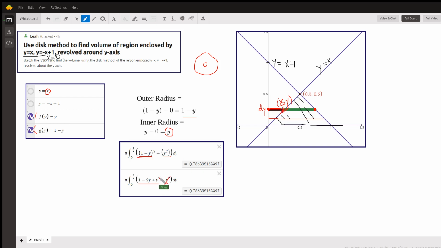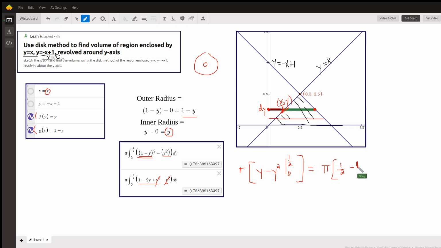These cancel out. The antiderivative of 1 minus 2y is y minus y squared. We evaluate that from 0 to 1/2, and then we have to multiply that by pi. Okay, and you should see that we'll get pi times, we'll put 1/2 in for y, minus 1/4, 1/2 squared.